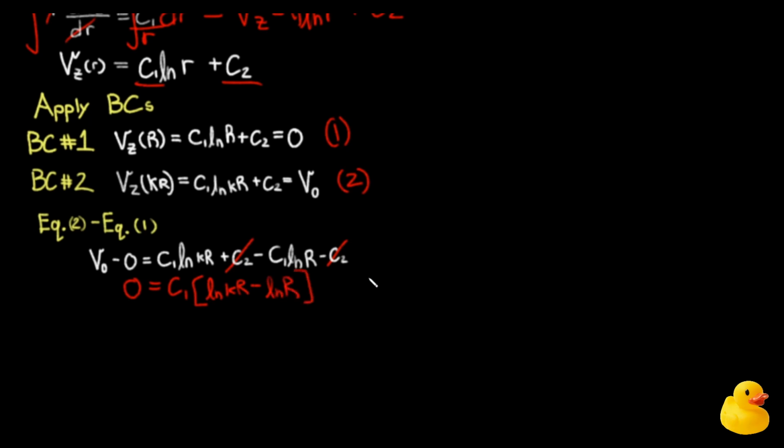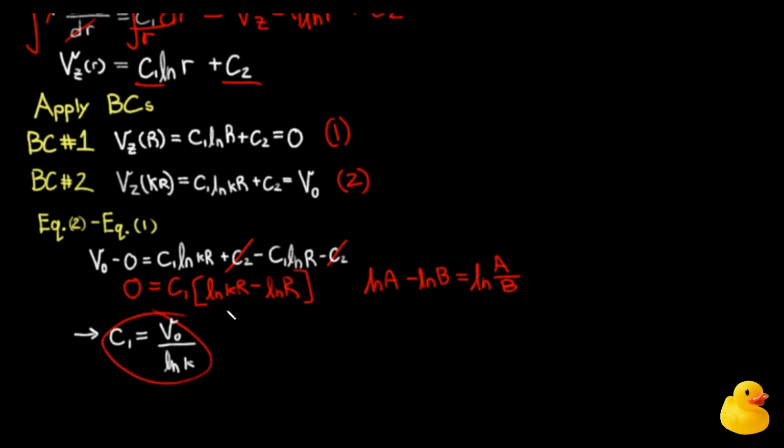And remember that ln of a minus ln of b is equal to ln of a over b. So we apply that and we can simplify the equation and get that c1 equals v naught over ln of k.